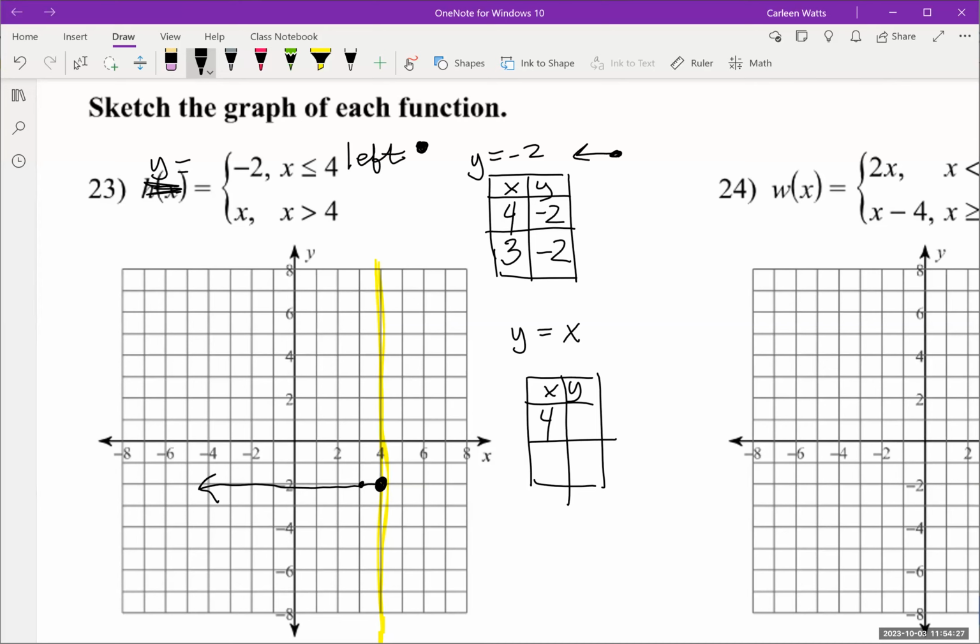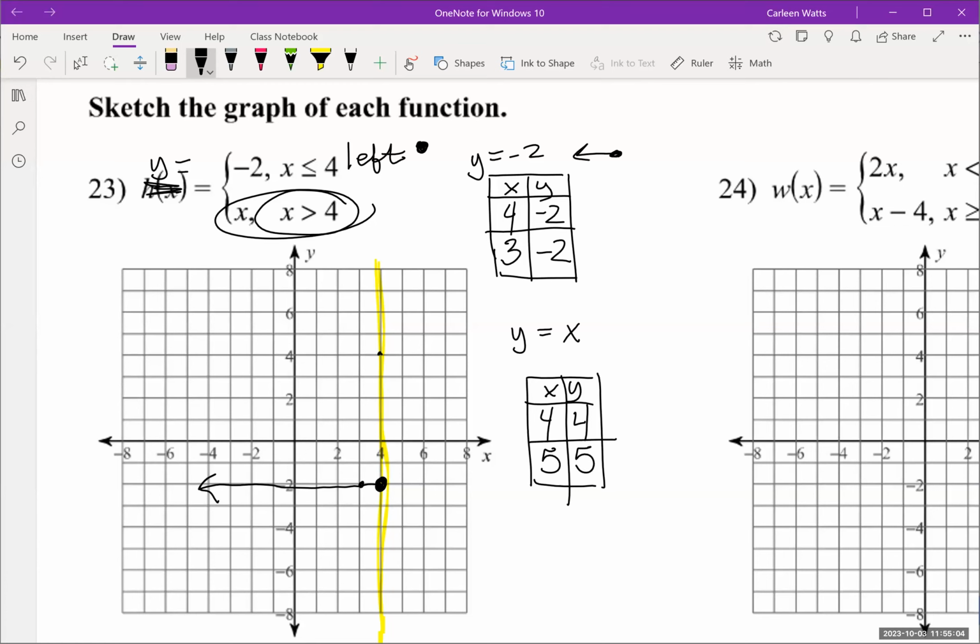Okay, next. Y equals x. If x is 4, y is 4. So we're going to have 4, 4. Now, my next x value needs to be greater than 4, on the right of 4. So I'm going to do 5. But y equals x. If I plug in x, x is 5.